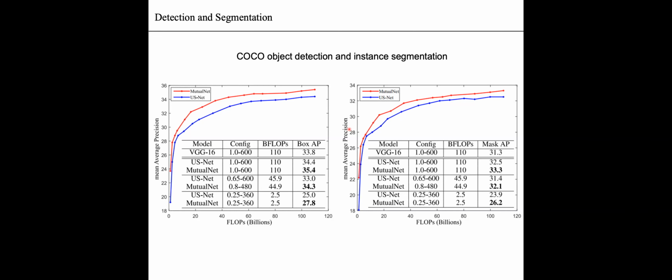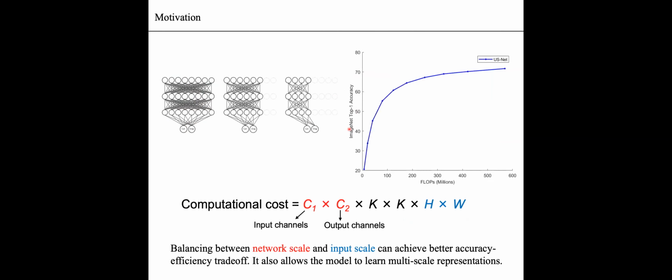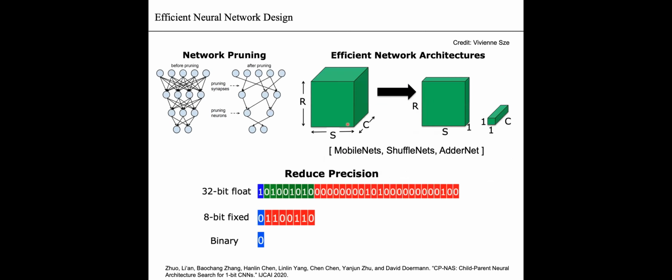Sure. So pruning, basically you want to just reduce the network size, to have an efficient design. You can prune, then typically you need to retrain it to achieve the same level of accuracy, maybe.